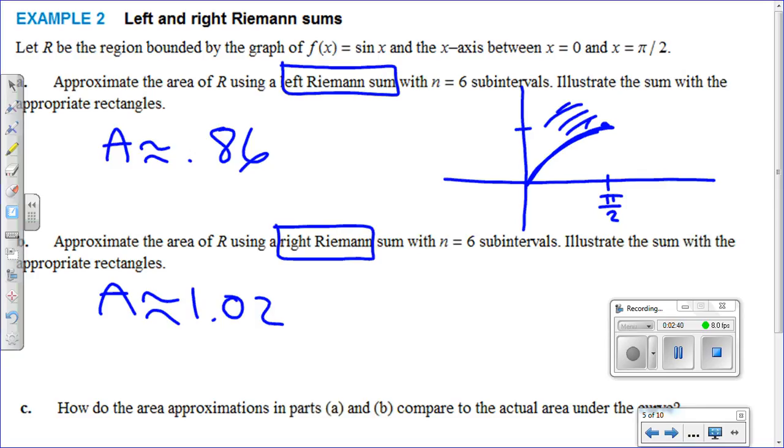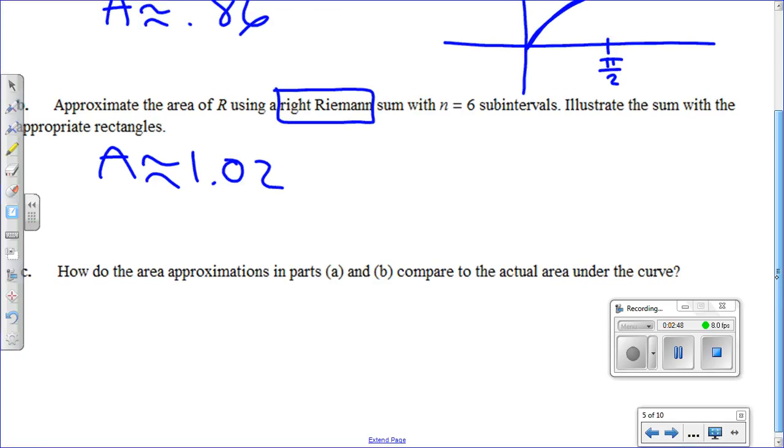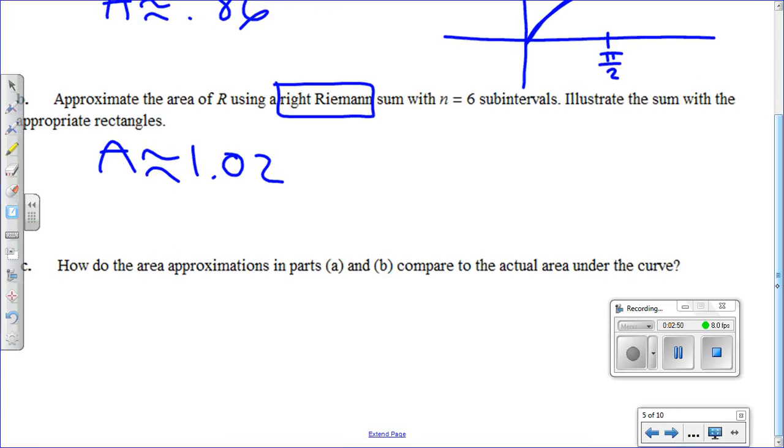And then we ended with the midpoint, right? For the midpoint, it says here to approximate the actual area, and we found it, so we knew it was 1.